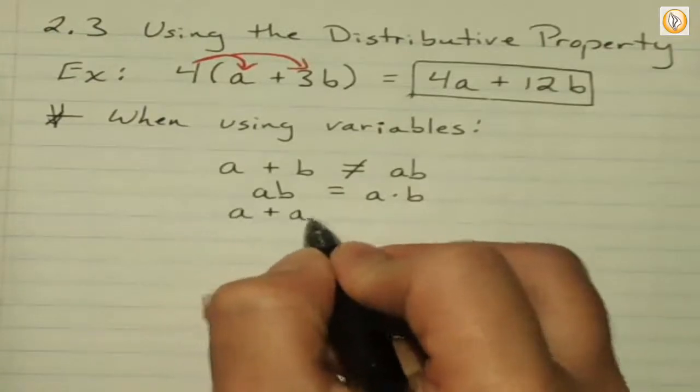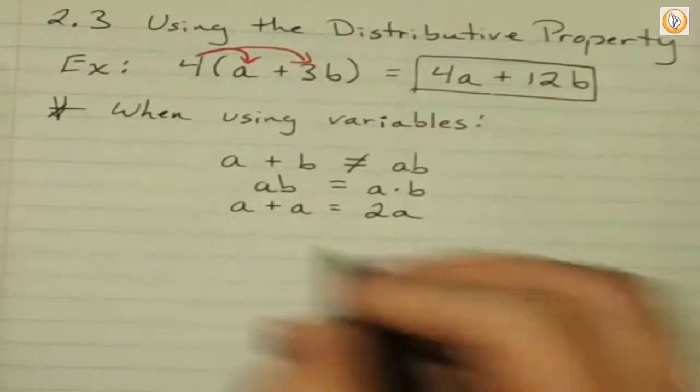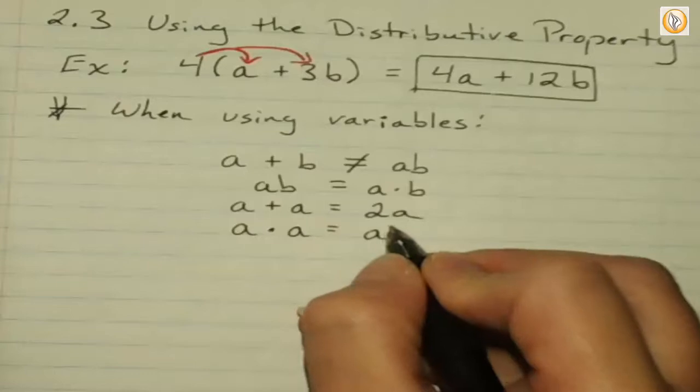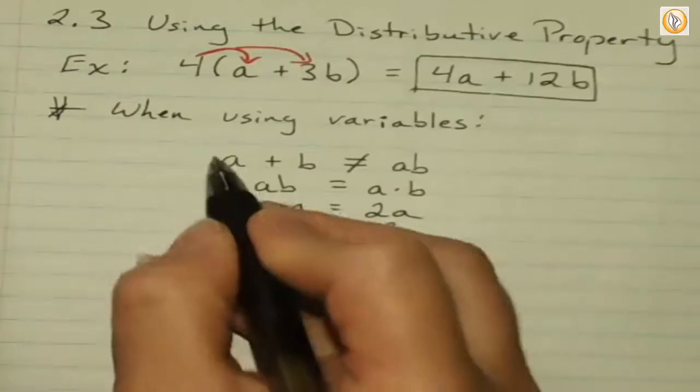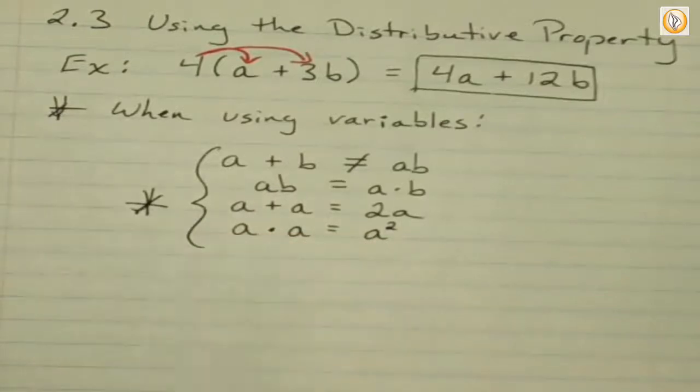A plus A equals 2A, and A times A equals A squared. These are common mistakes that kids know but still make on a regular basis. That's why I'm bringing attention to it and putting stars.